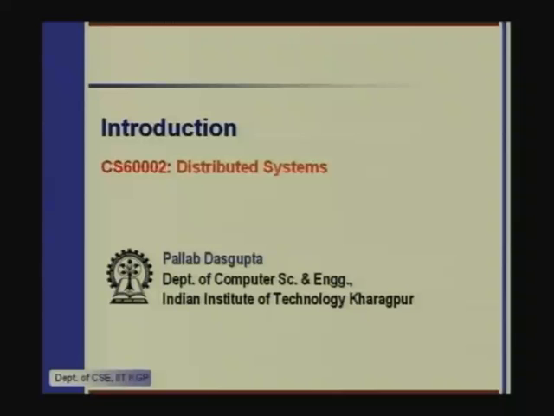So, though the course is about distributed systems, we will start by looking at the major problems that come when we try to implement a distributed system, and thereafter we will see some applications of distributed systems in the later part of the course.